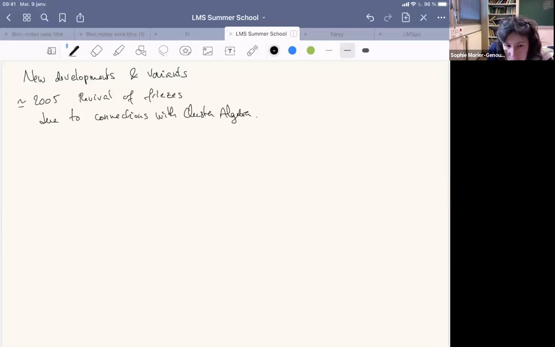And also, I'm maybe really sorry for this comparison, but it was like a virus, like a coronavirus. There was a lot of variants because of these beautiful properties that one were able to find all the time. It gave the idea to change a little bit the notion of frieze.